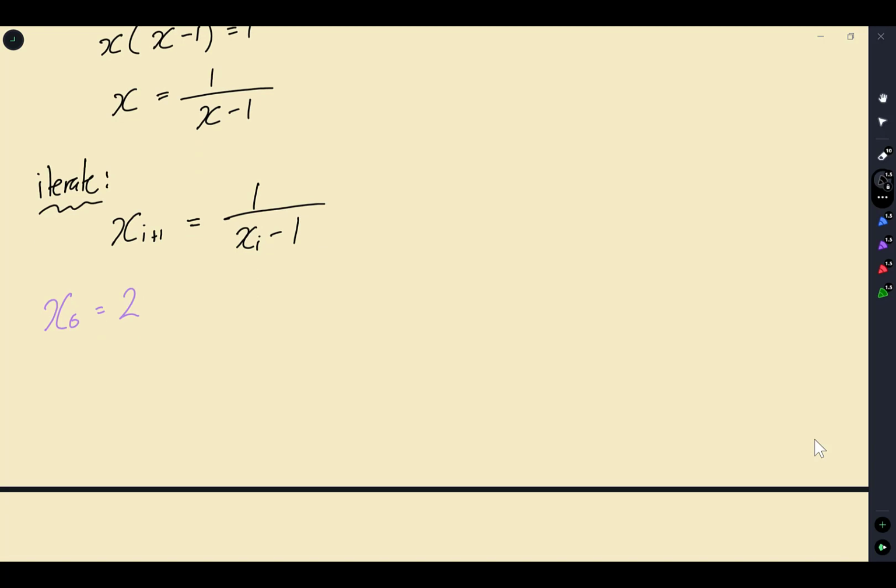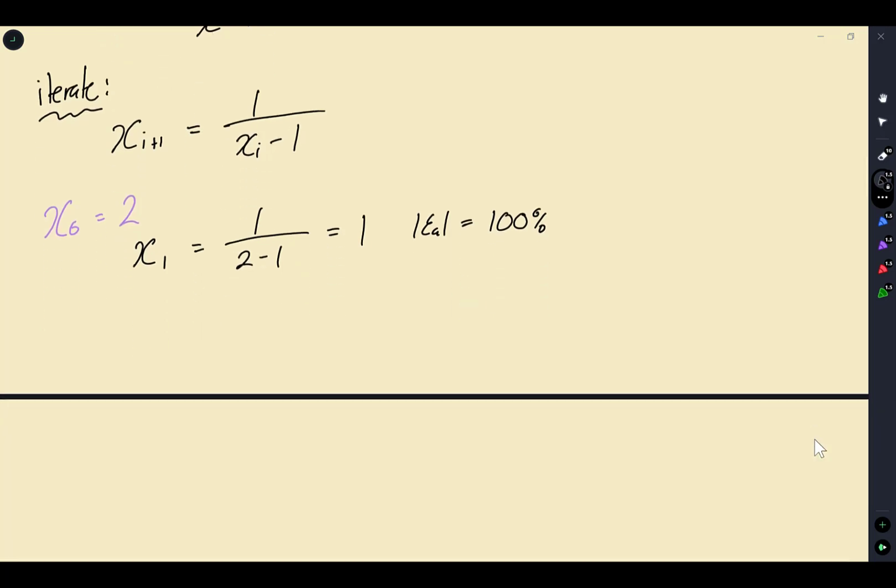This would result in x1 equals 1 divided by 2 minus 1. This would give us 1 divided by 1, which is 1. Looking at the relative change, or percent relative error, in this case it is 100%, because we went from 2 to 1. x2 would be 1 divided by 1 minus 1.